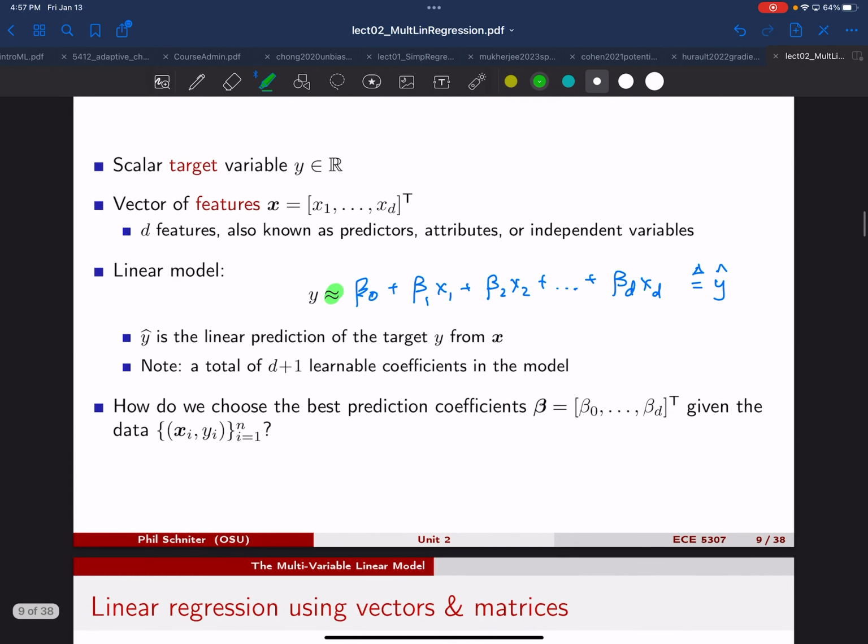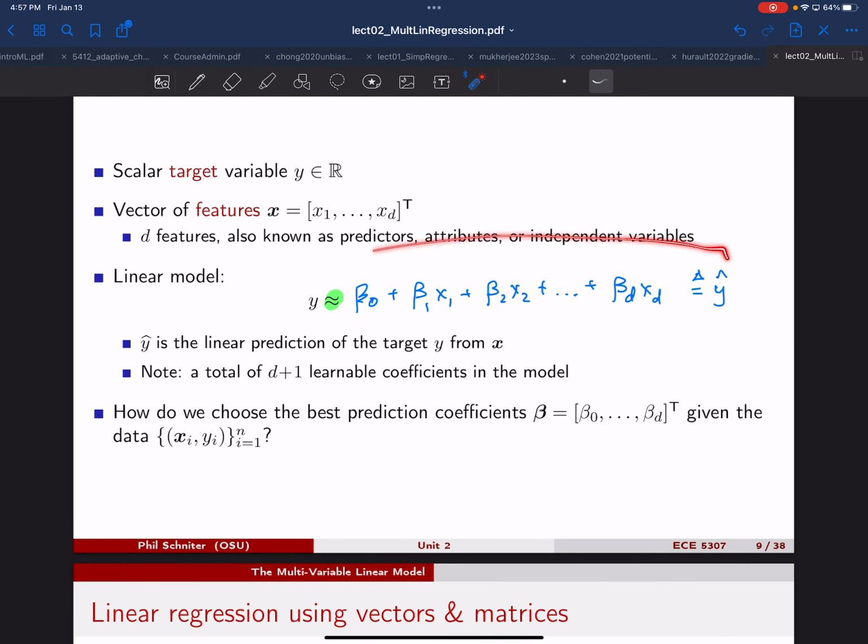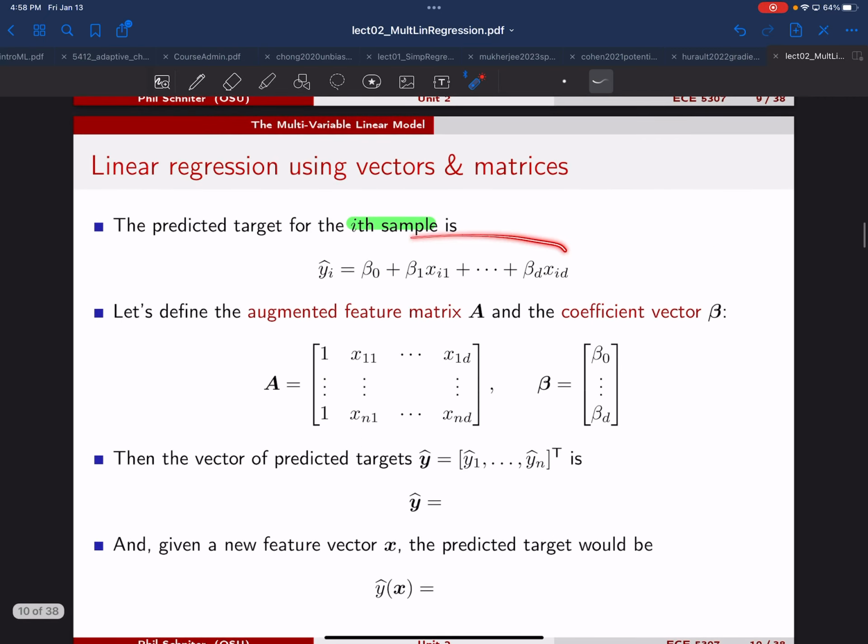Another way to think about this is this is the model that you would use once you've determined all your betas and someone gives you a new x vector that you've never seen before and asks you to do the prediction on that. That would be exactly this equation, right? So this would be your new one that you didn't use for training. But the ones we use for training, that's these.